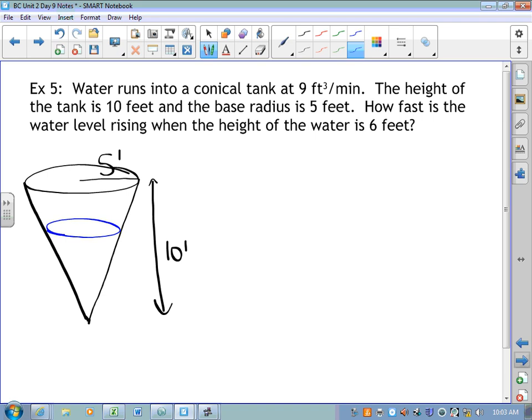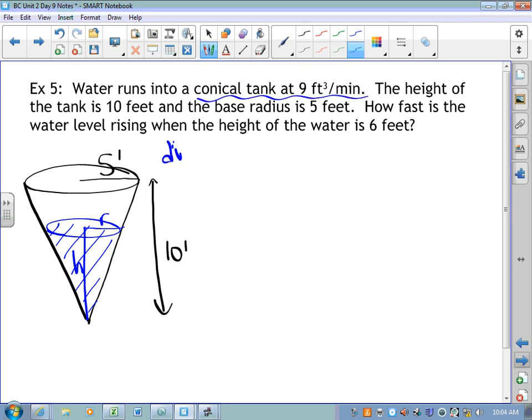So what have I got here? I've got water in the tank. The water forms, I suppose, a water cone. It's got a base radius that is changing. It's got a height that is changing. And so what do we have? Blue for water. I like that. We know this thing.